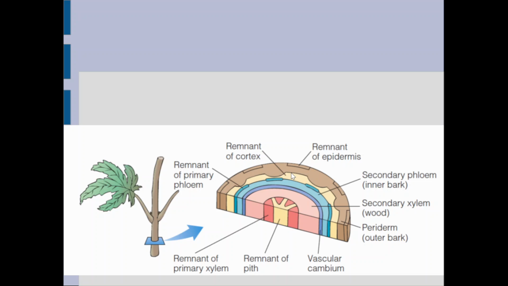The woody plants have a secondary growth, and they include two types: flowering plants, that's like an apple, and also the gymnosperms. Gymnosperms are mostly pines and other conifers.